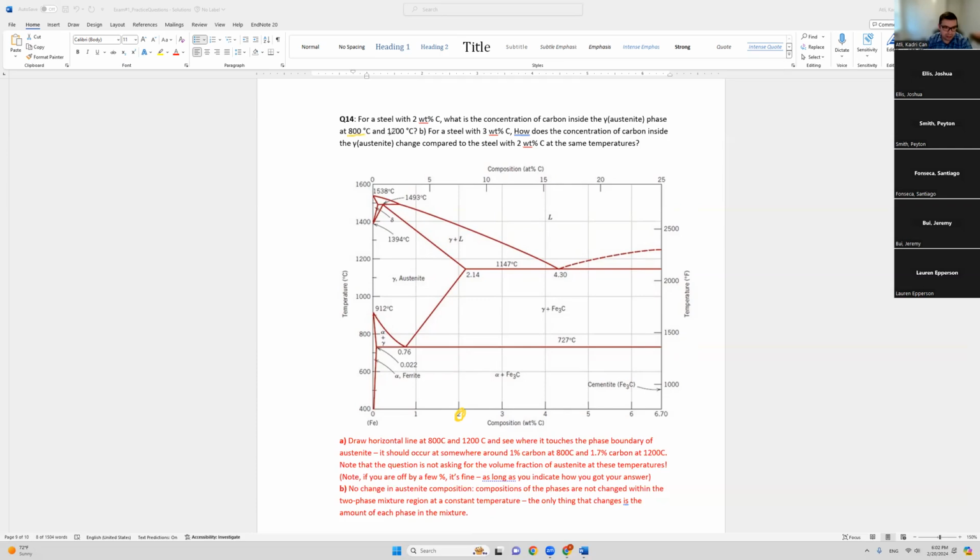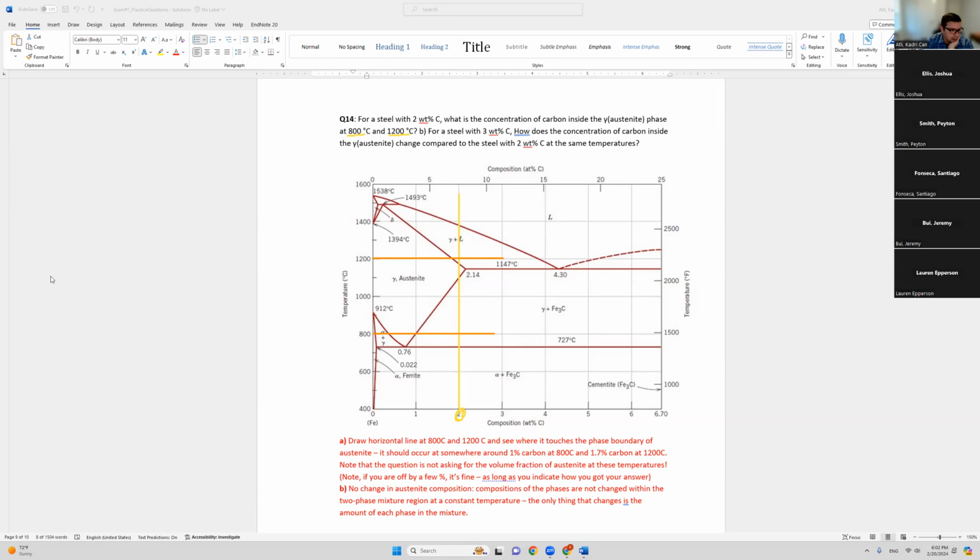Pay attention, we are given the temperatures. Let me draw this vertical line, and let me draw these horizontal lines corresponding to the temperatures. This is the first temperature and this is the second temperature, 800 and 1200.